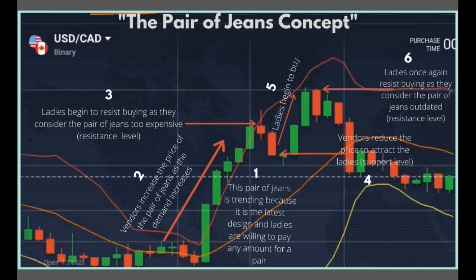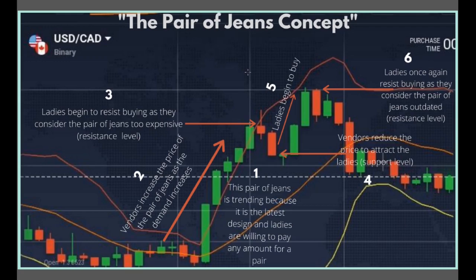The vendors reduce the price once again to try to stimulate sales, but this time the ladies are no longer interested in this pair of jeans, because they've considered the pair of jeans outdated, meaning it is out of fashion. It's no longer trending.